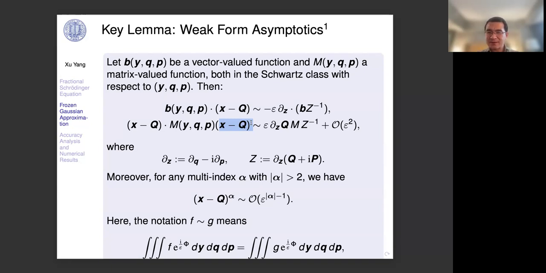It's a bit weird, because when you do the Taylor expansion, the first order will actually be the same order as the second order. That's weird, but this happens when you think about this integration because of the cancellation. So the leading order of x minus q, when you do the summation, is actually 0, and only the remainder term matters.